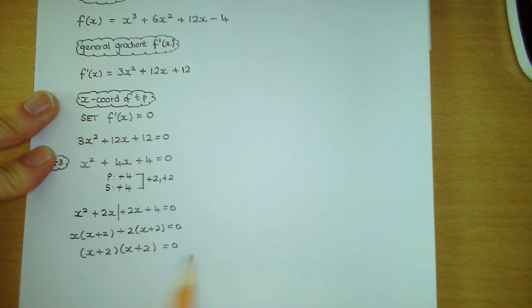Okay, so product of two brackets equal to 0, so that means both brackets could be 0, and both brackets are identical, so that means that x equals -2. So that means there's only one turning point.